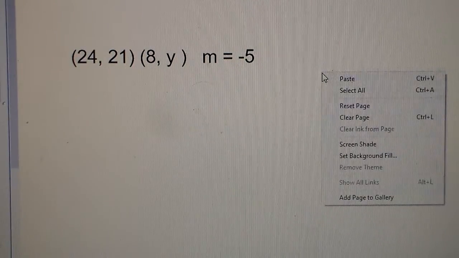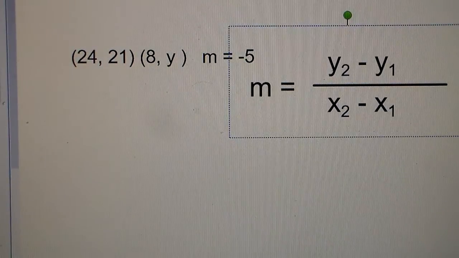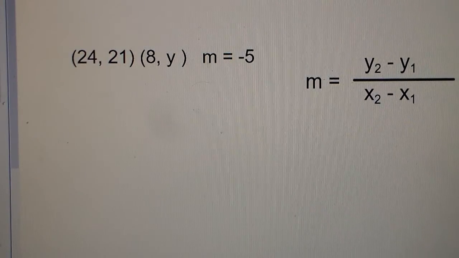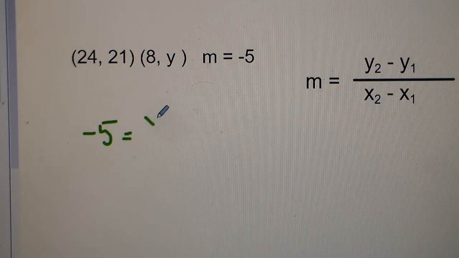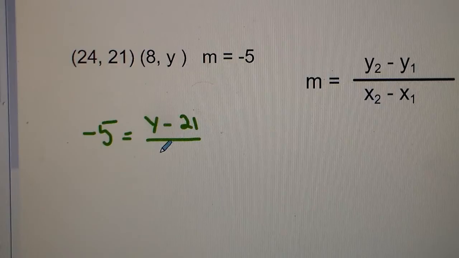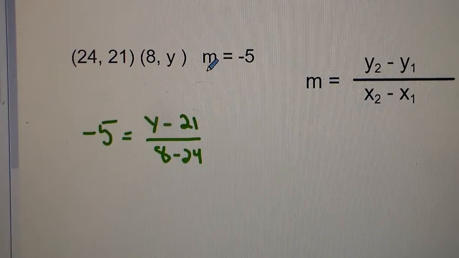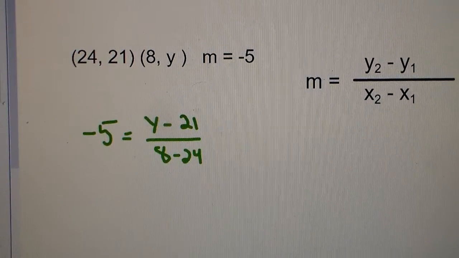Let's try it again. So there's our formula. We got m equals -5, so we're going to do -5 is equal to y2 minus y1 over x2 minus x1. 8 minus 24, that simplifies down to -16.